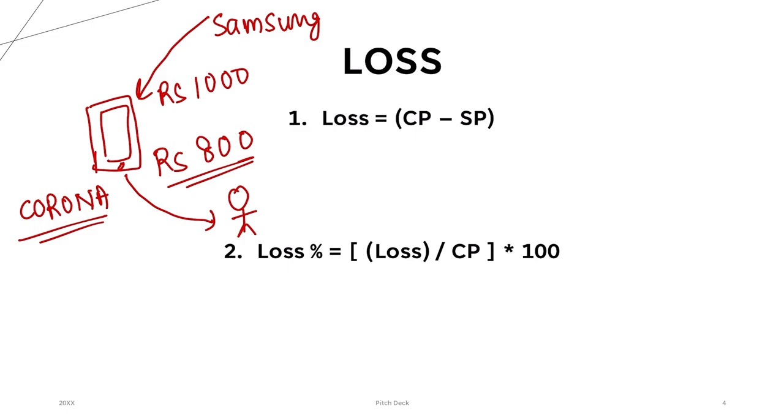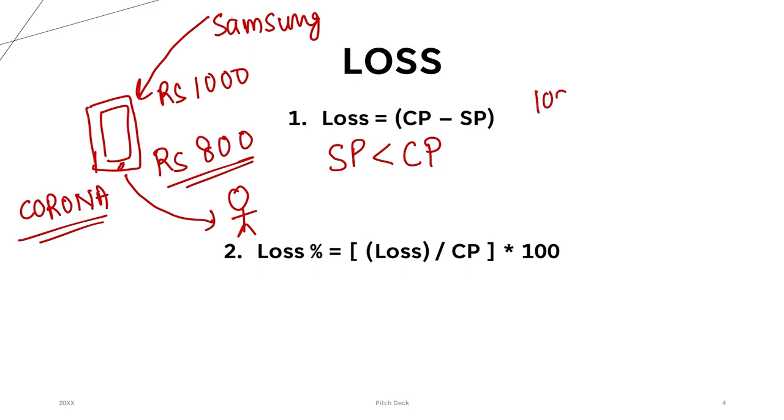So you will sell it for less than 1,000 rupees, say 900 rupees. Then only the customers will not go to other shops and will come to your shop. So loss could happen many times, and when loss happens, the selling price is less than the cost price. Means whatever you are buying it for, you have to sell it at a price lower than that.